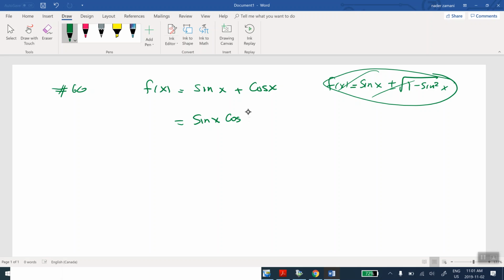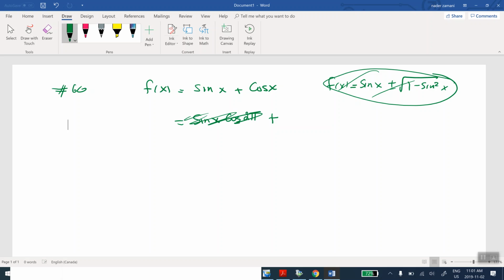How about cosine of 2 pi? Okay, cosine of 2 pi is 1, right? Plus, oh, this is not going to work. So let me see what they might have in mind.